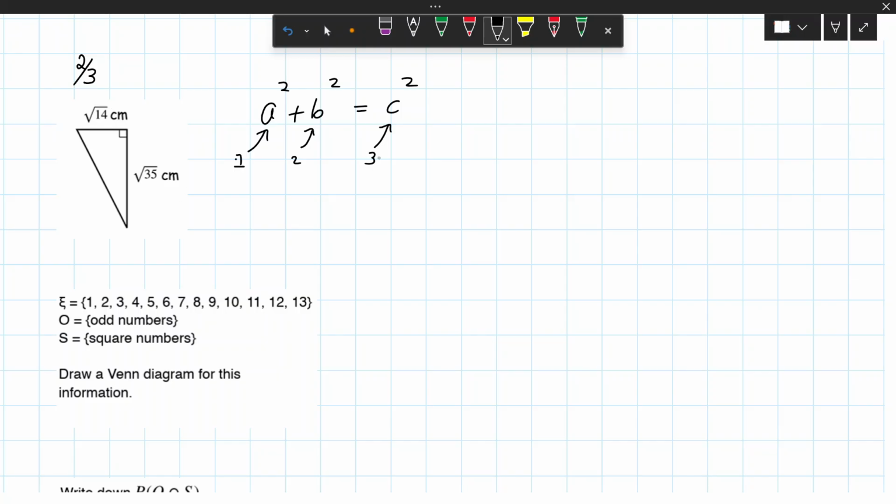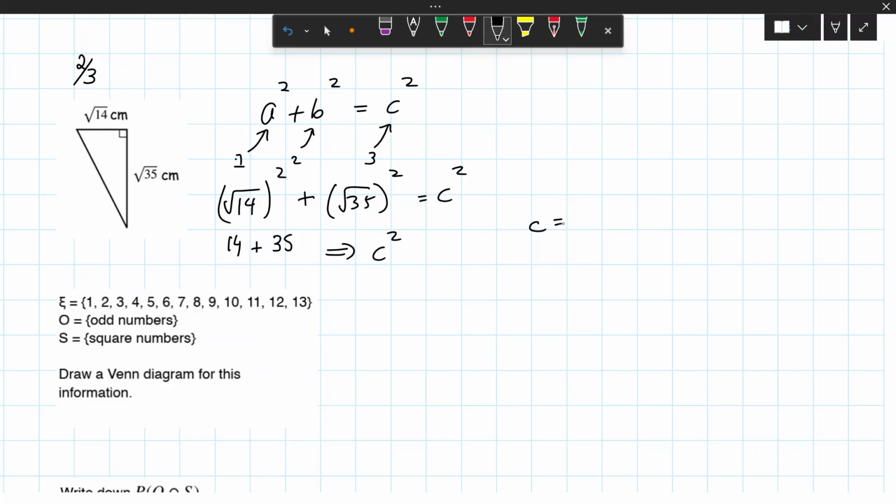So obviously the smallest side is square root 14, which means we're going to do square root 14, square that, plus square root 35, square that. That is equal to c squared. So that tells me c squared is equal to square root 14, when you square that, becomes 14. Square root 35, when you square that, that becomes 35.